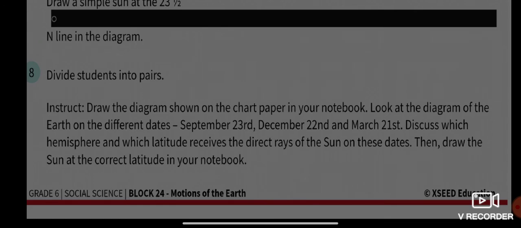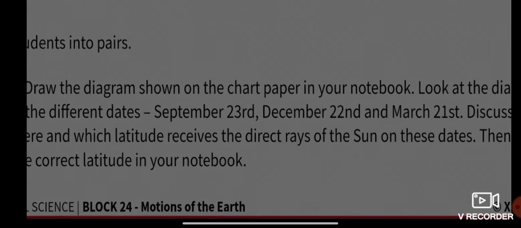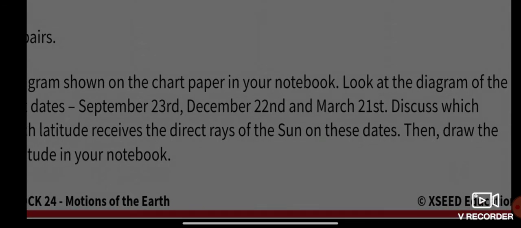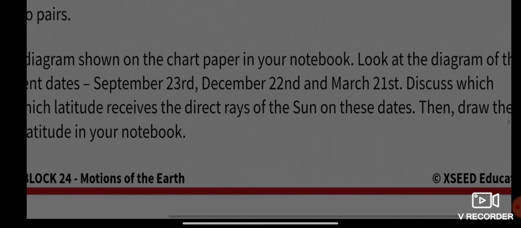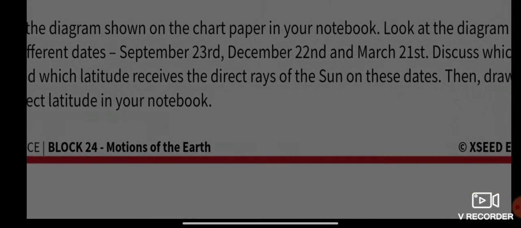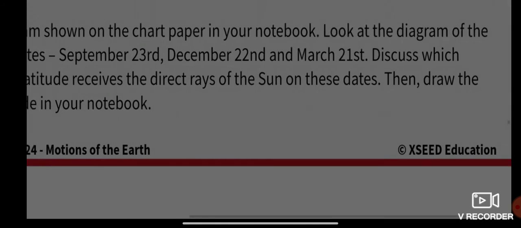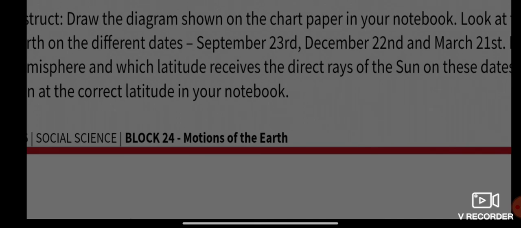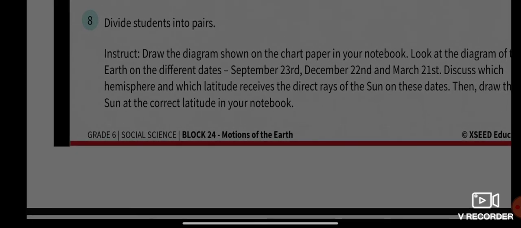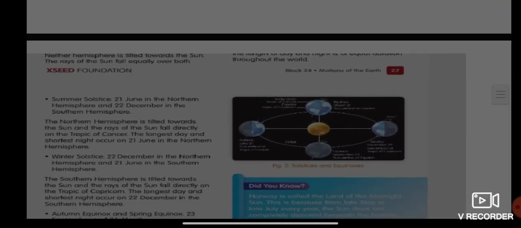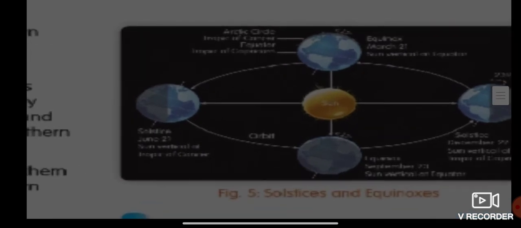You have to look at the diagram of the earth on different dates: September 23rd, December 22nd, and March 21st, and discuss which hemisphere and which latitude receive the direct rays of the sun on these days. Then draw the sun at the correct latitude in your notebook, similar to this figure as shown here.